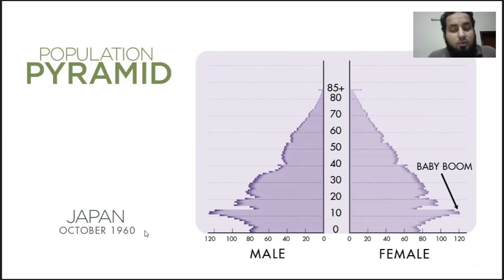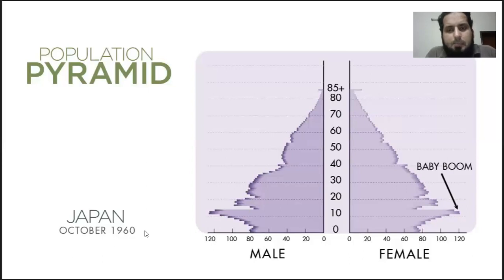So only because of the Second World War, there was a baby boomer stage. Otherwise, it would not have been like that, and we would not have seen this special increase in the number of births, and it would have been a normal graph like those we will be discussing for other countries in the upcoming slides.